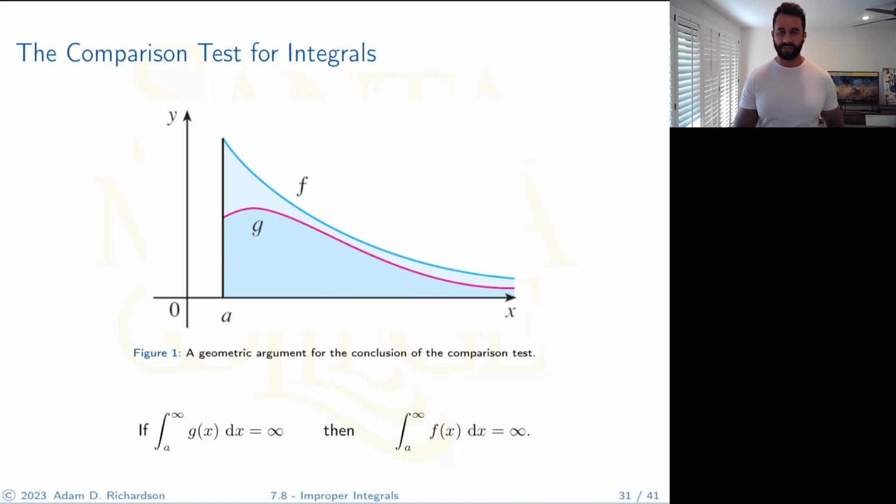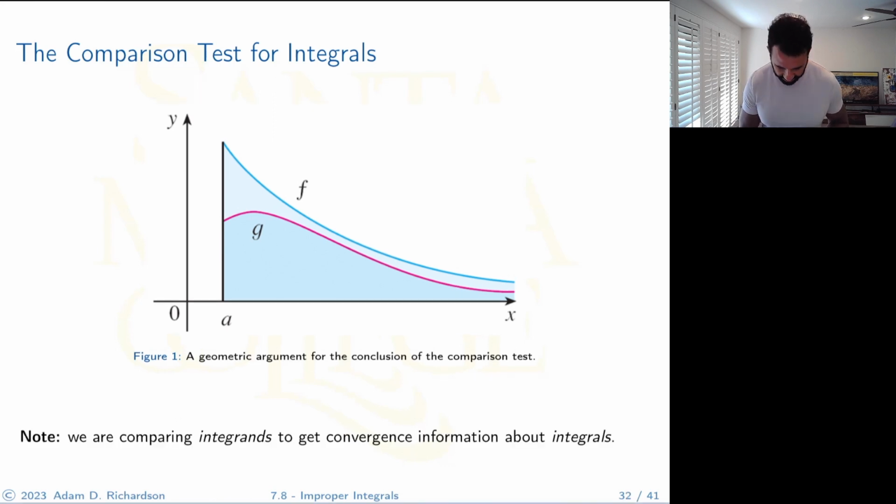And when you look at the geometry, one note here. I want to point out explicitly that we are comparing integrands to get convergence information about their integrals. So we are not starting by comparing the two integrals. We don't know anything about the two integrals. We don't know about the integral of f. We don't know about the integral of g outright.